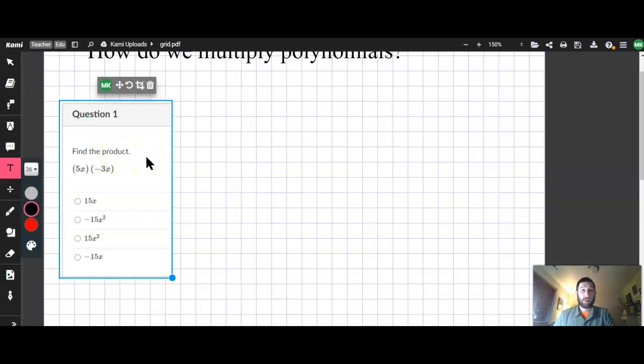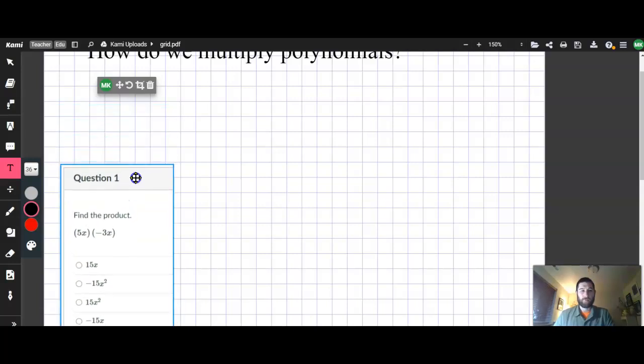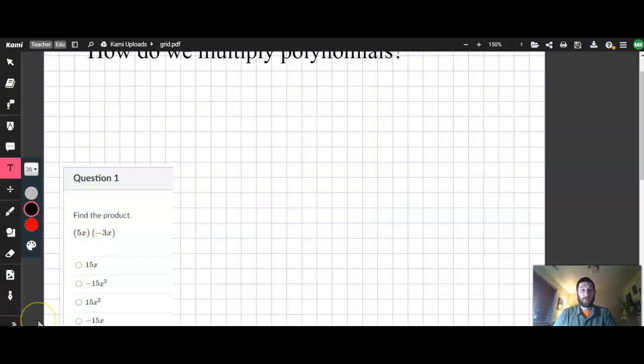Now, I do want to talk about some pieces here about what a polynomial is. If you think back to your algebra days, a polynomial is anything that has an x or an x squared or an x cubed in it. These variables are either added or subtracted together.